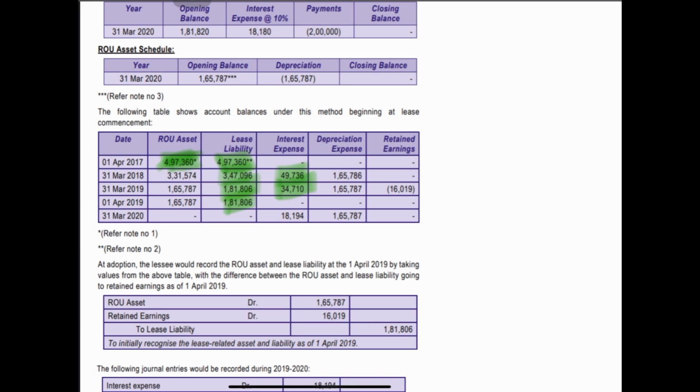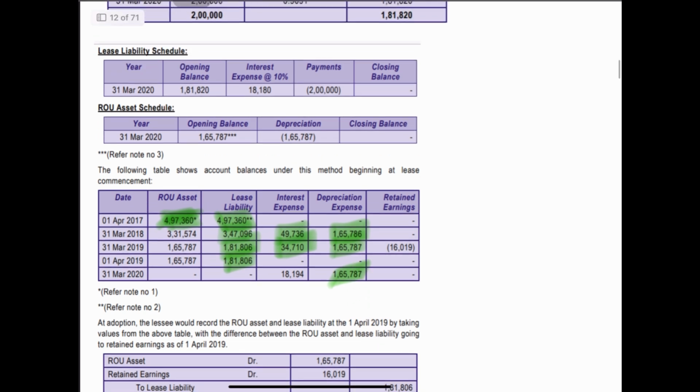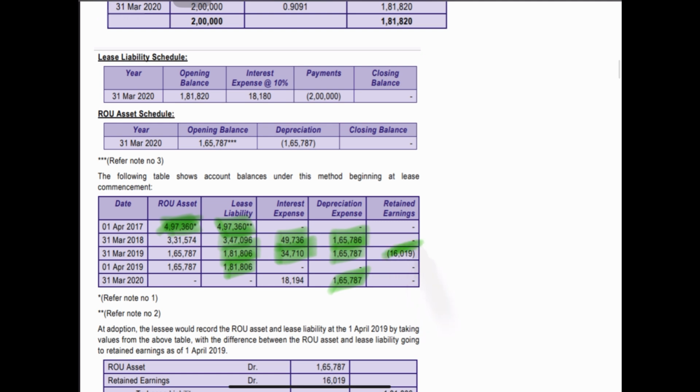The interest expense for the second year will be 10% on the opening balance, and depreciation every year will be on the straight line method, 497,360 divided by 3. So here you have a hit to retained earnings of 16,019. That's the transition balance difference. Basically you compute your opening balance as of 1st April 2019 as per your old method and as per the new method, and the difference to retained earnings comes to 16,019.